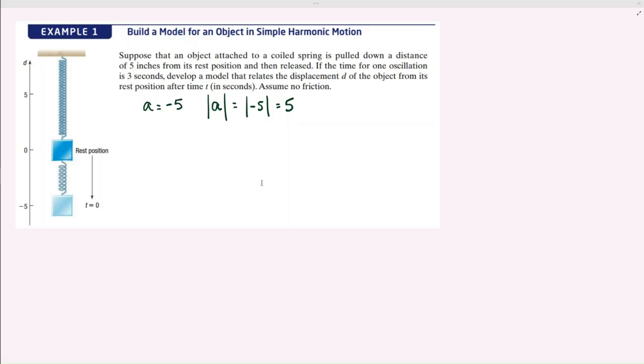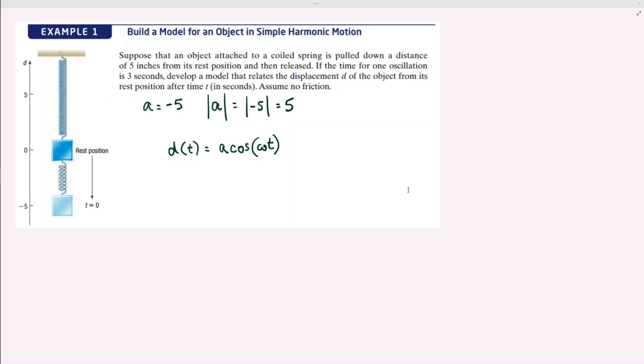So the model that we've decided on is the displacement with respect to time is equal to A times the cosine of omega times t, which is our angle. And in this case, we know that A is -5. They tell us here that a full oscillation is 3 seconds.